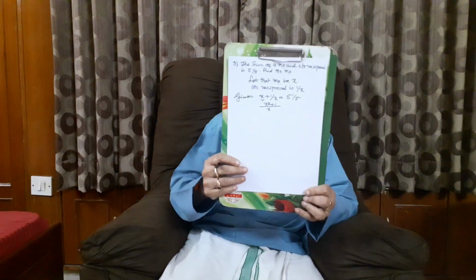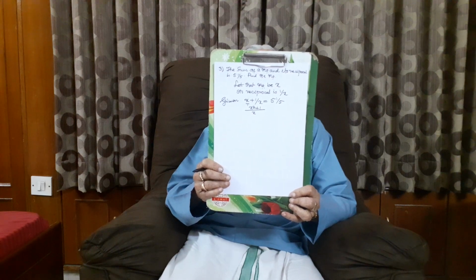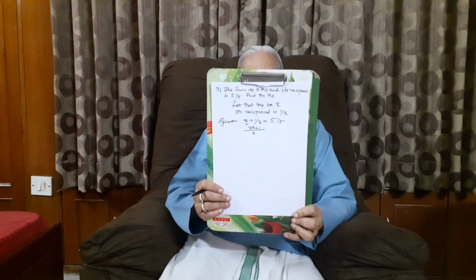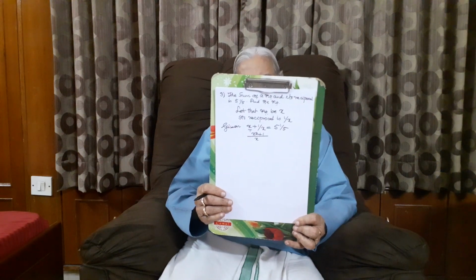X plus 1 by x means the LCM is x. In the numerator, x into x is x squared plus 1. X is the LCM. X into x is x squared, and x cancels out 1. So x squared plus 1 will be in the numerator and the denominator is x.